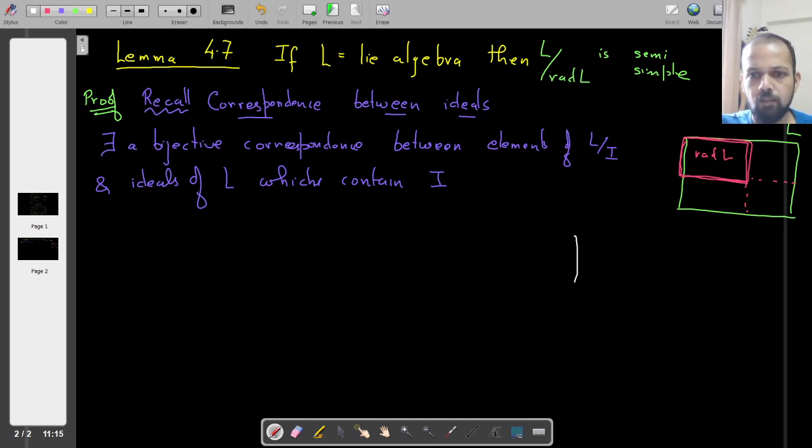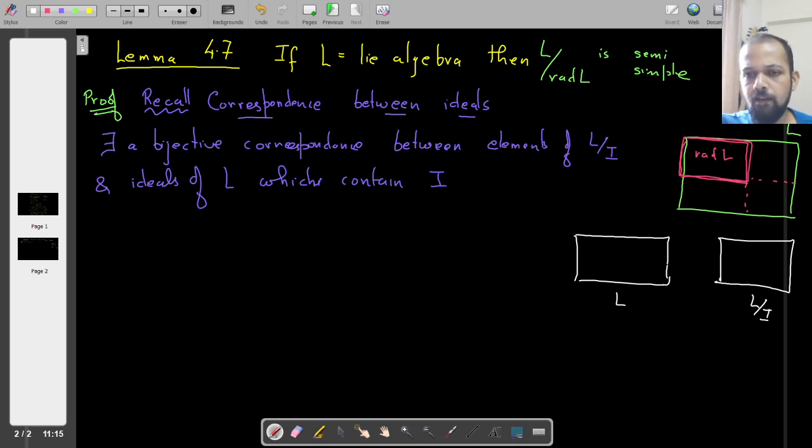Maybe we'll keep it. So what we had was, if you remember, you look at this L by I, you have L, and you look at I here, and then you'll form L by I, right? You'll form the quotients.